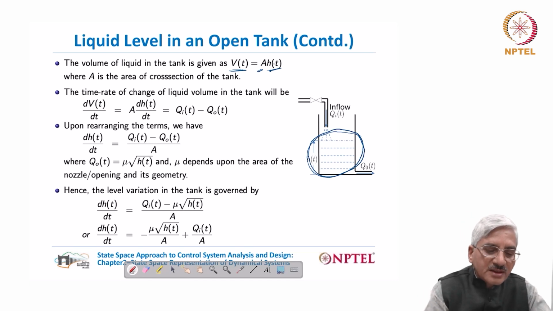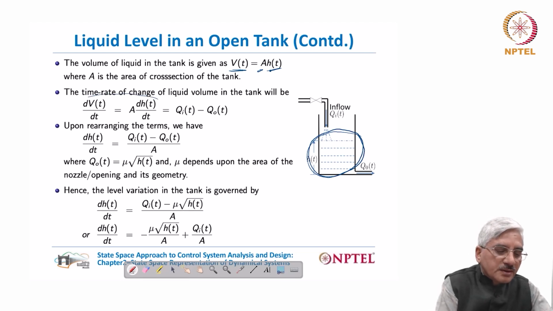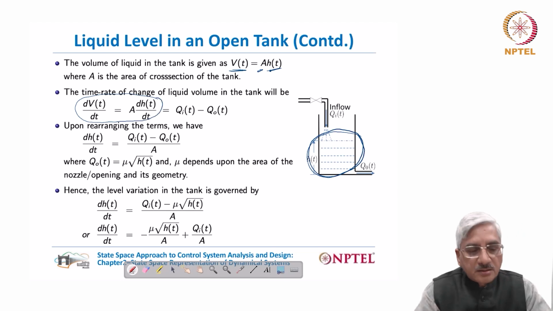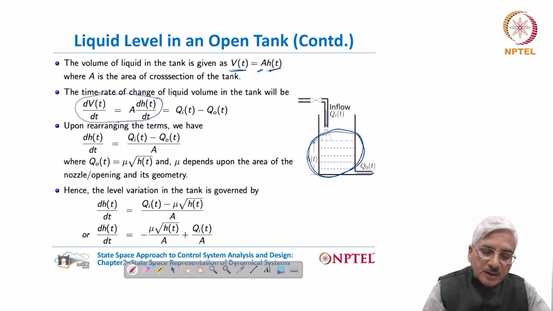Now if we differentiate this, because A is constant and doesn't vary with time, we get dVt by dt equal to A dH by dt. At the same time, the accumulation of liquid is due to imbalance between Qi and Qo.